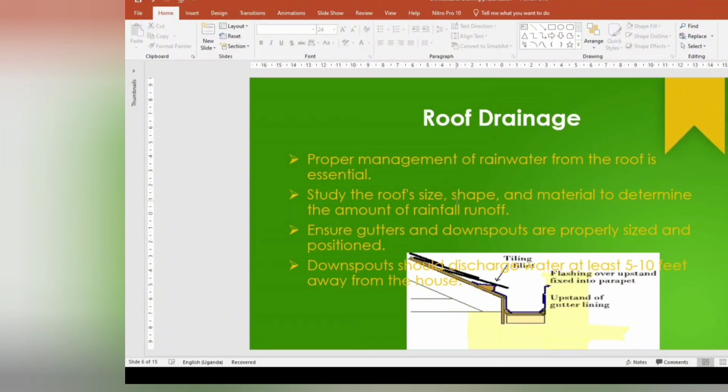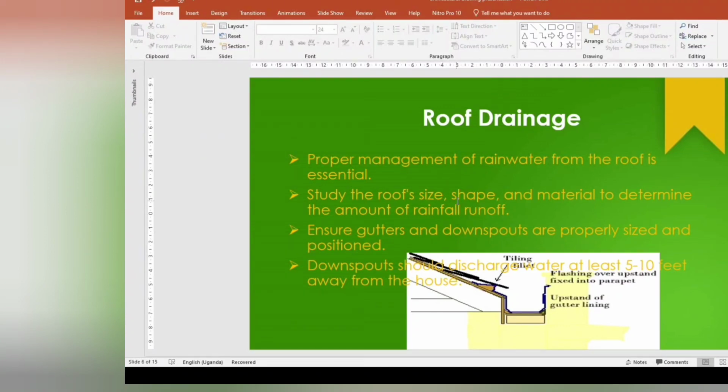For the case of the flat roof, for example, drainage is very important, because in case of any poor design of the drainage for the flat roof, challenges will be encountered in such a way that the house may start leaking in the long run.